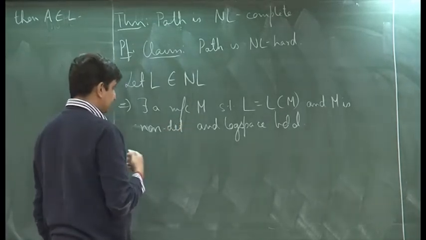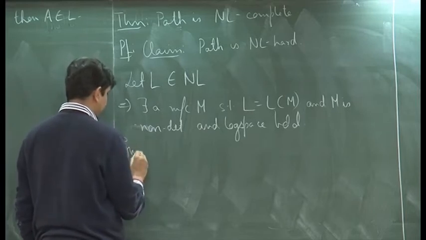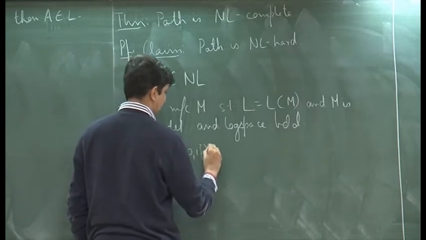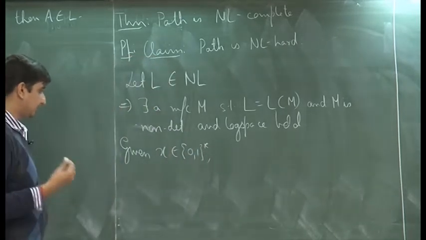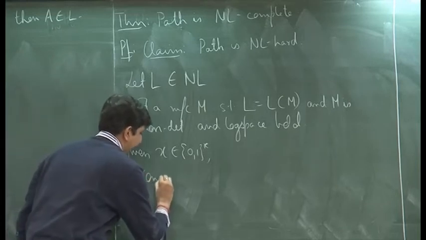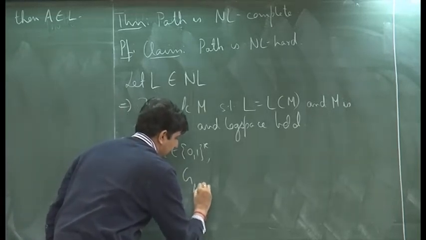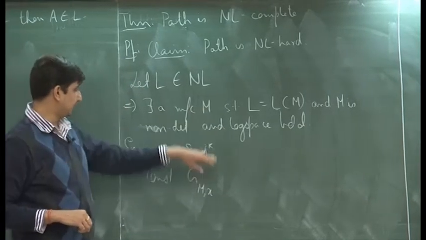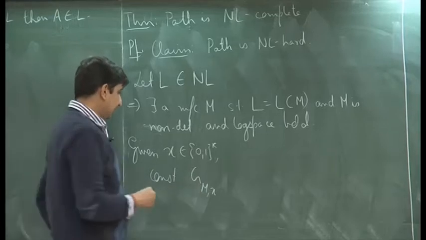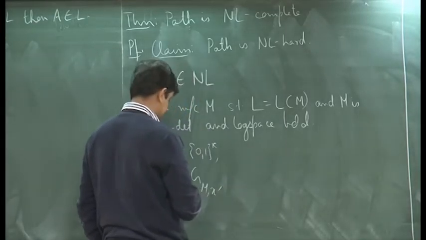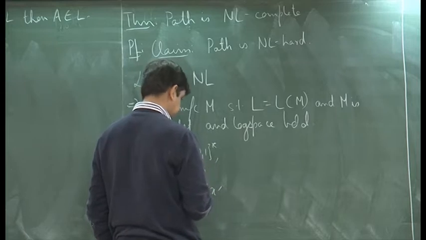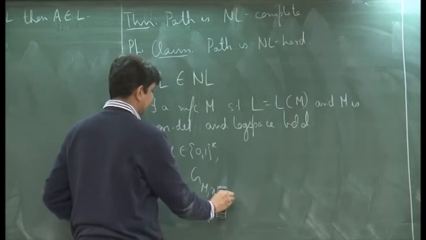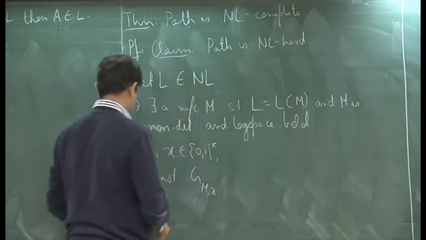So, now since we know that such a machine exists, given any input x, what we go ahead and do is we construct the configuration graph of the machine M on the given input x, and together with the vertices C start and C accept, that gives an instance of the path problem.